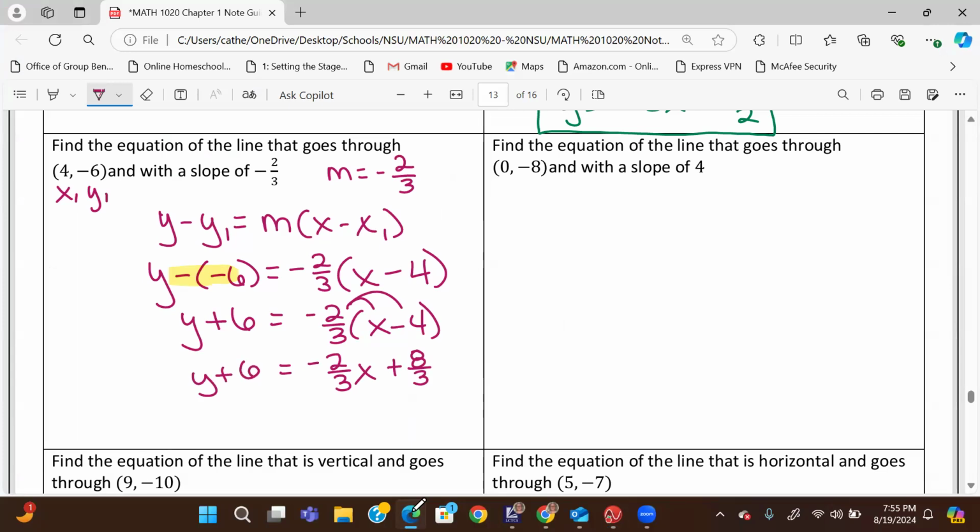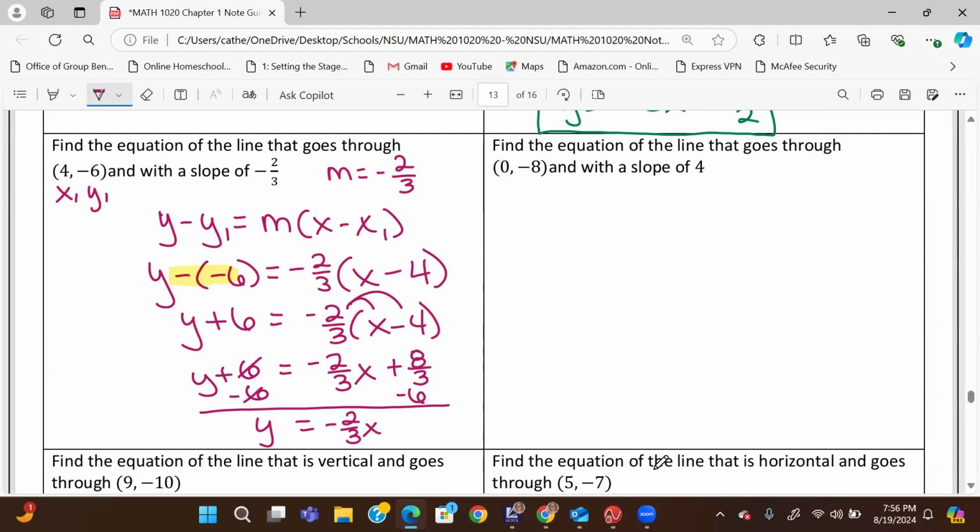From here, you have one more step. We need to move the 6 to the right to get y by itself. So we're going to subtract the 6. On the left side, the 6's cancel out and you're left with y. On the right side, we subtract the 6 from the 8/3 because neither one of those has a letter on it. So they are the same.